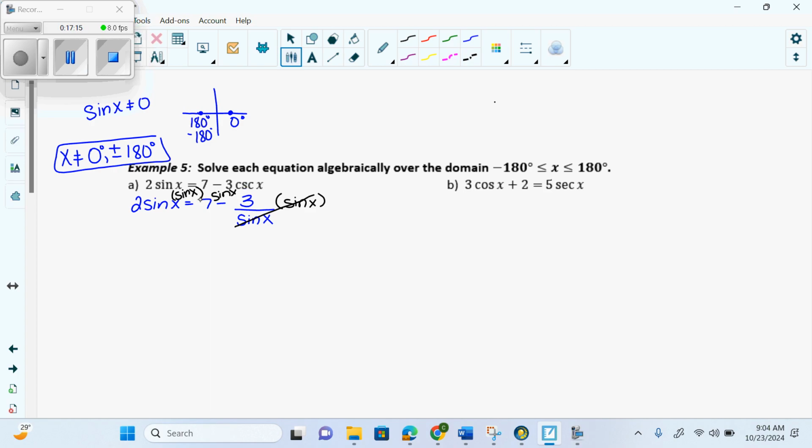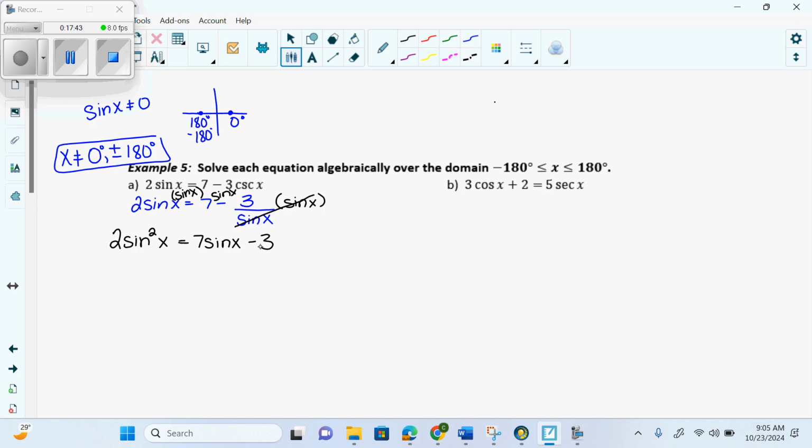What's 2 sine x times sine x? 2 sine squared x equals 7 sine x minus 3. Do we know how to solve that now? It's just your normal trinomial, correct? So when we have a squared, what do we always have to do? Talk to us in grade 11.